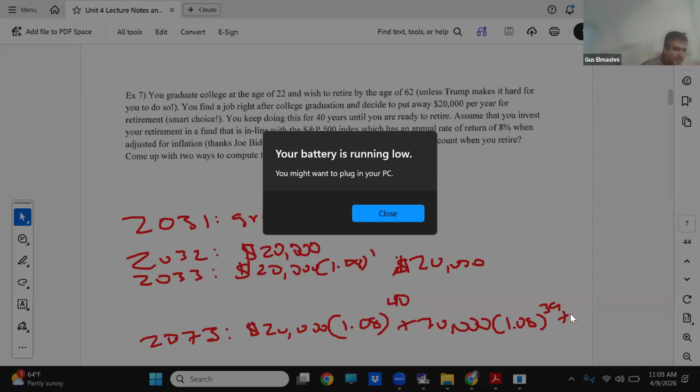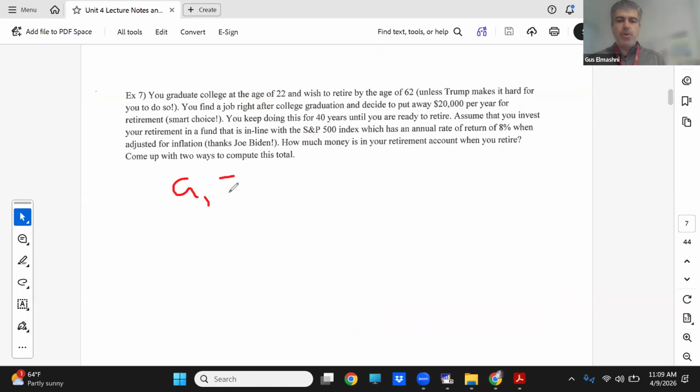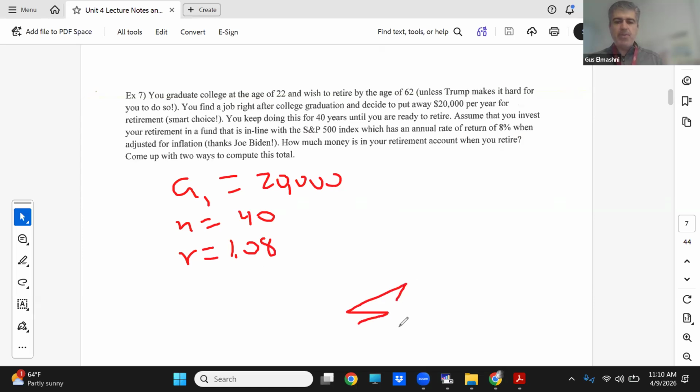So really, you can just do this, and you'll be pleasantly surprised how much money you'll have if you actually follow this plan. Assume your first term is 20,000. We'll assume n is 40, and your r is 1.08. Actually, I'll set up a sigma notation.